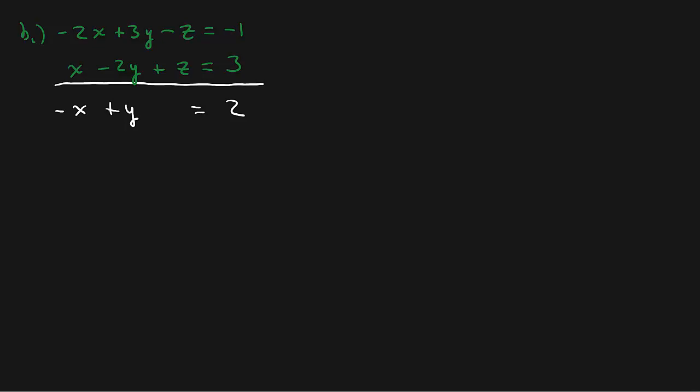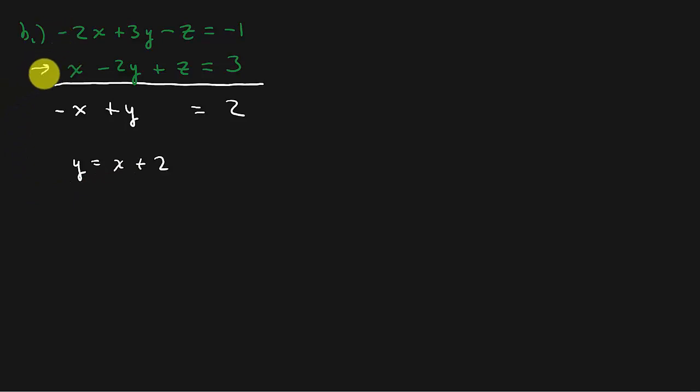So you can see I've got negative x plus y equals 2. If I solve this for y, I get y equals x plus 2. And then I can take this y equals x plus 2 and plug it into one of these.